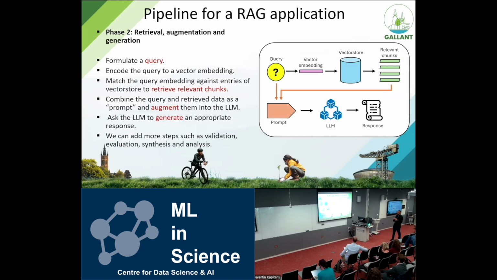These chunks of data are then integrated with the original query to form what is known as a prompt. This prompt is then augmented into the large language model, and the language model processes this prompt and generates an appropriate response. This framework can also be enhanced by adding additional steps like validation, evaluation, synthesis, and further analysis.